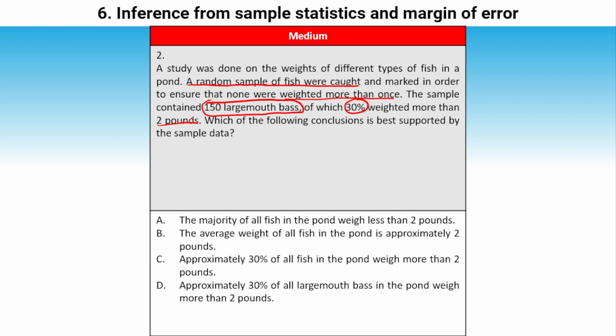Which of the following conclusions is best supported by the sample data? The majority of all, not all, because we have taken only a sample of 150 largemouth bass. The majority of all fish, no, not all. 30% of fish in the pond, all fish, again no. 30% of all largemouth bass, yes, that's correct, right?